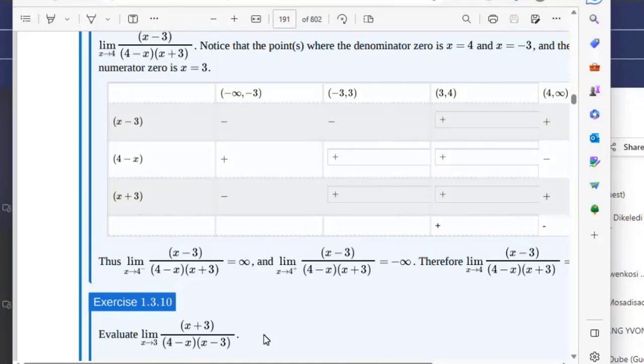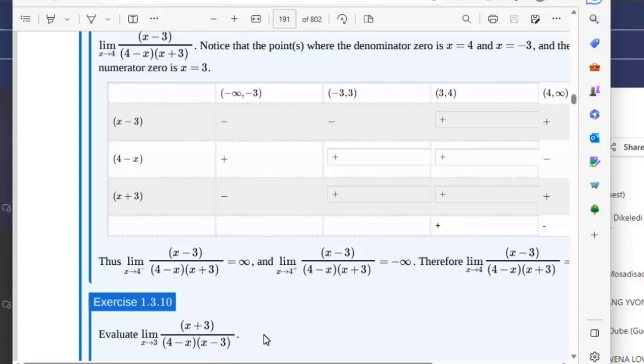Sir, I've reached the conclusion that the limit doesn't exist. When I solve the equation by itself, the limit when x approaches 3, I found that it's hard to find the answer because I get 6 times positive infinity. So I went ahead and tried to approach the limit from the left.